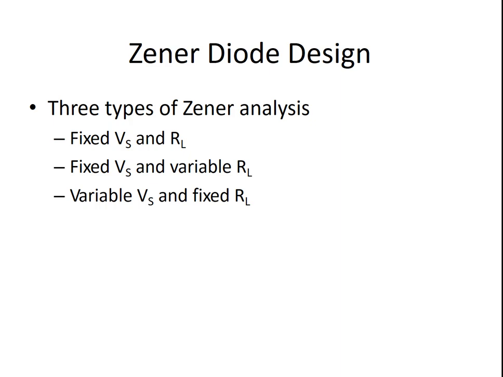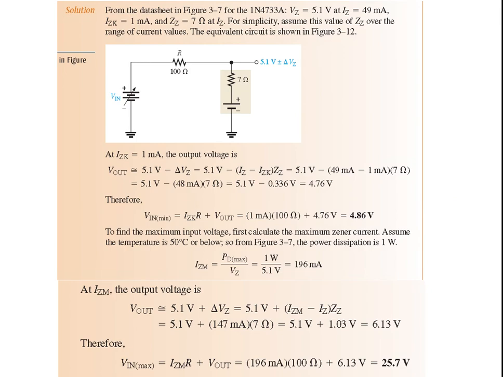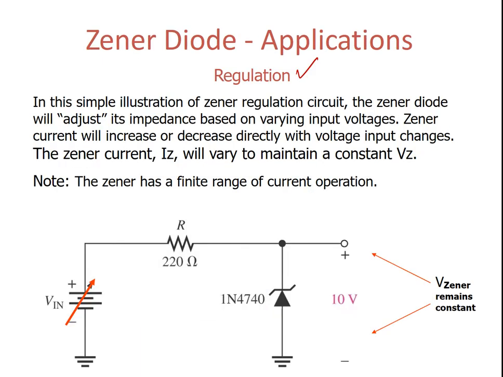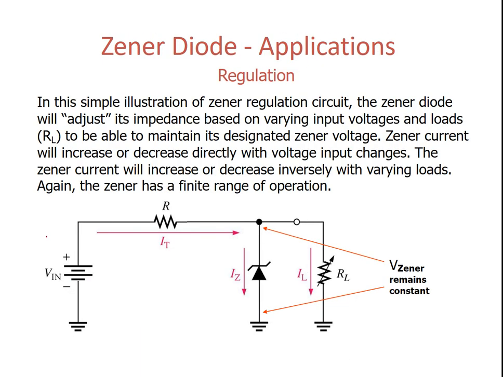If we see the simple circuit of the Zener diode, for example here, we have an input supply, a Zener diode, and a load resistance. We know that the internal voltage drop here depends on the Zener resistance also.